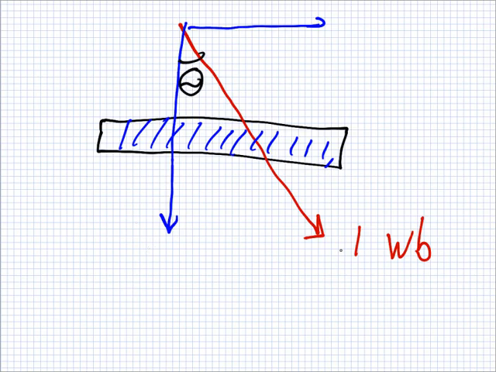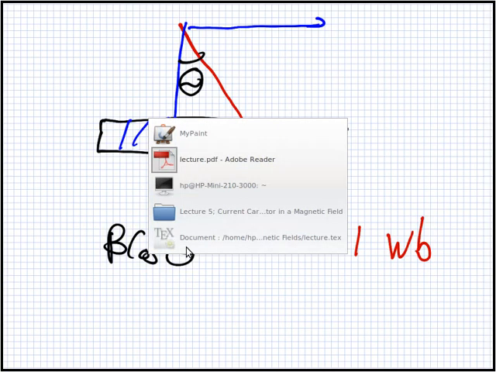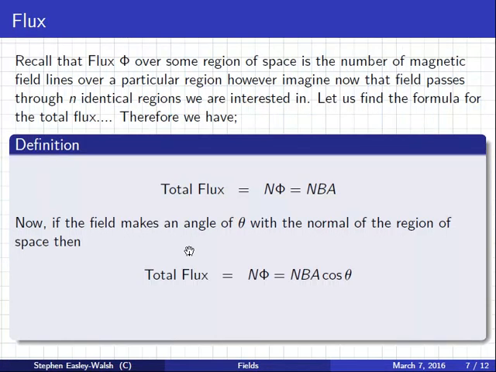So if I call this B, this will be B cos theta. So the formula just becomes this now, with a cos theta in it.